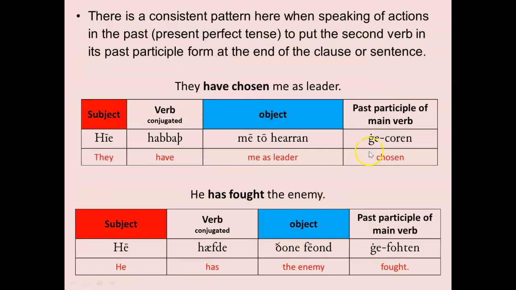Okay, let's keep going. So the pattern here is consistent. If you just do a random search through Bosworth-Toller, you'll see this consistent pattern in the verbs. You'll find the examples will just continually come up. But the past participle, the main clause, is at the very end. You can use this method of random searching, and it must be random searching, no picking words, on any claim anywhere about the Old English language.